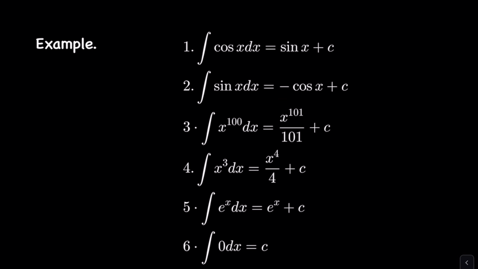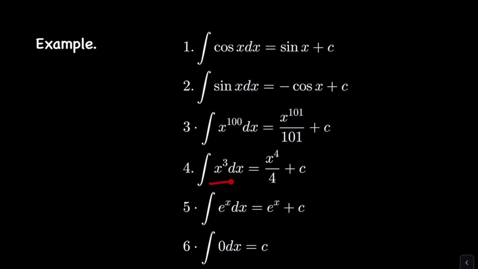Another example: let's say I want to find the indefinite integral of x to the power 100. I'm looking for a function whose derivative is x to the power 100. And you can check that if you differentiate x to the power 100 plus 1 divided by 100 plus 1, then the derivative will be x to the power 100. And you can always add a constant because the derivative of constants is 0.